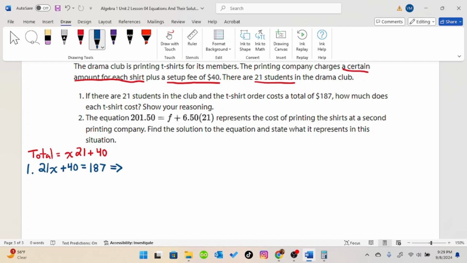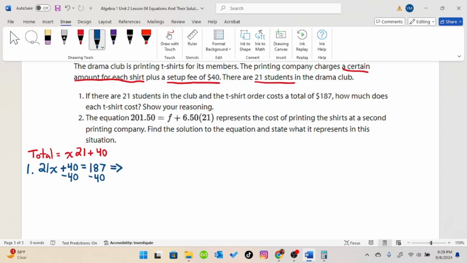So the first thing we're going to do is get rid of the number on the left that is not attached to the X. So the opposite of plus 40 is minus 40. We're going to do that on both sides.